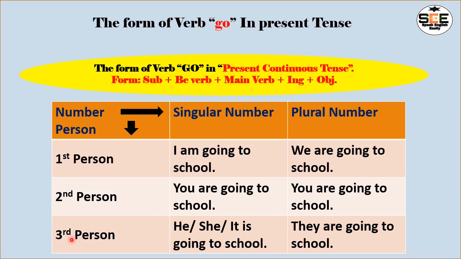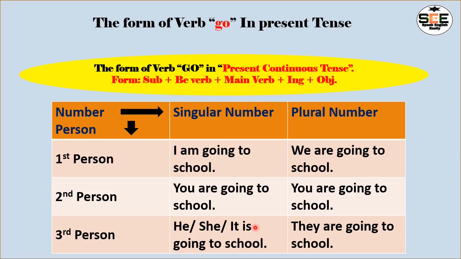And in the last, we can see here third person singular in present continuous tense: he, she, it is going to school. Here he, she, it is third person and it is singular in present continuous tense, right?